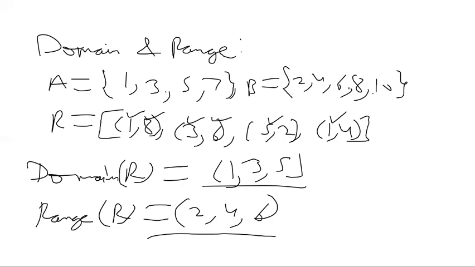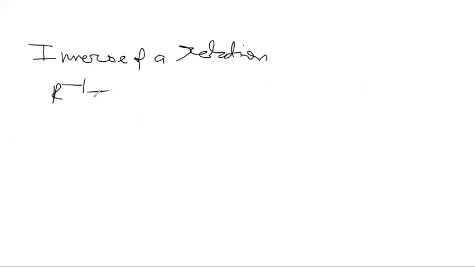Now we will talk about the inverse of a relation. Inverse of a relation, that is represented as R inverse, is equal to {(b, a)}. We were writing (a, b) in the case of a relation.